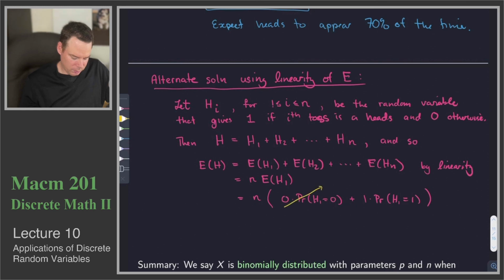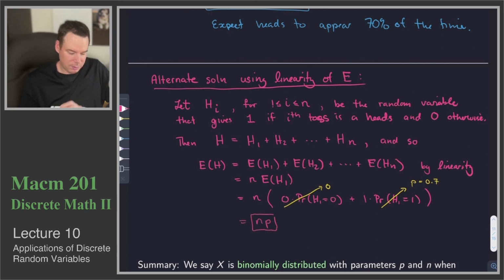This is 0 because it doesn't even matter what the probability is, it's just 0 times it. What about this? Well, the probability that h1 is 1. What's the probability that you get a heads on one flip? Well, this was p. In this particular case, I think it was 0.7 because it was a biased coin, but it was p nonetheless. And so this has a value of np.